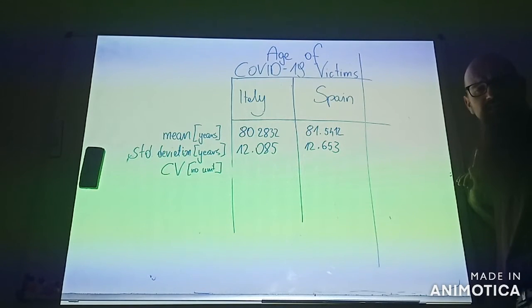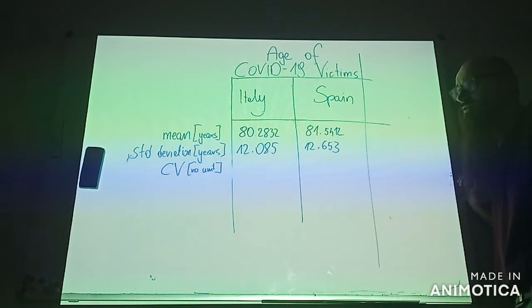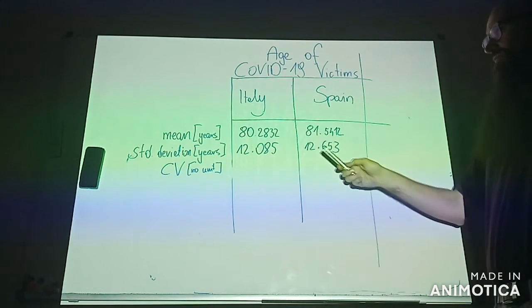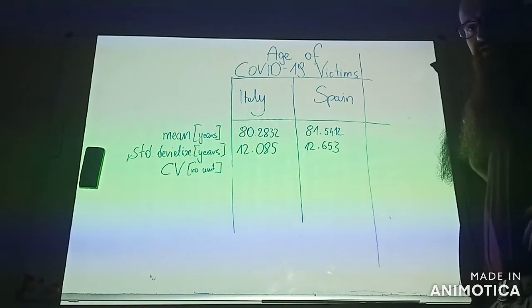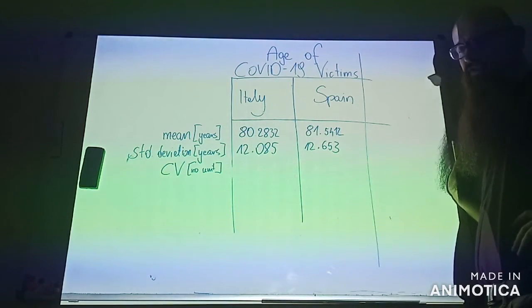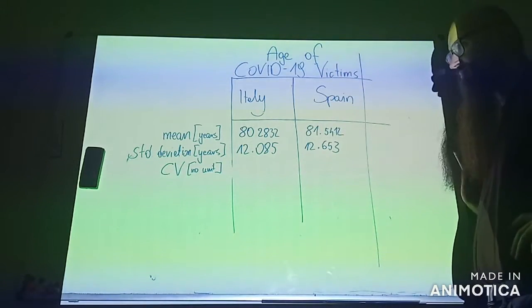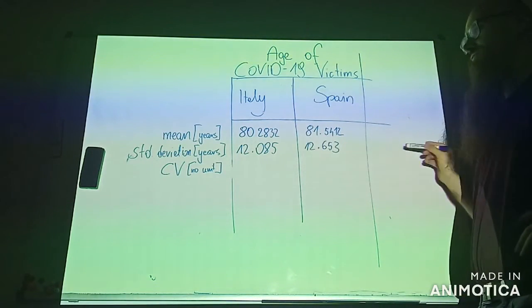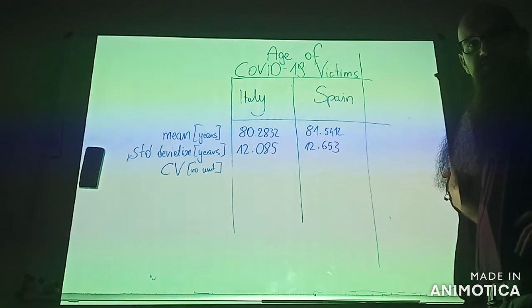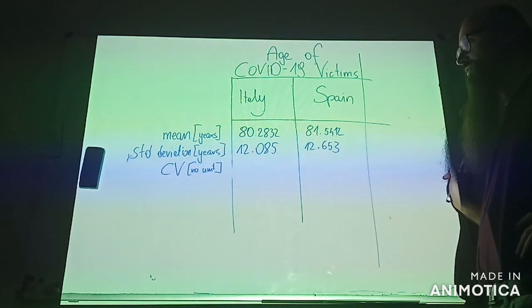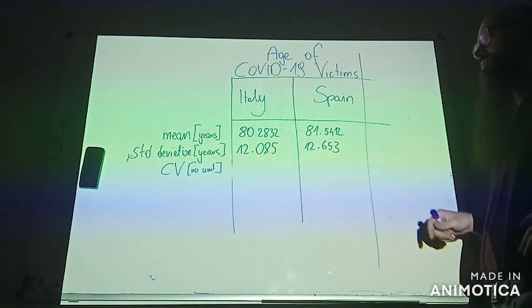Let's make a comparison of age of COVID-19 victims in Italy and Spain. Here we have the average age of COVID-19 victims in Italy and Spain. Here we have the average age deviation of COVID-19 victims in Italy and Spain.